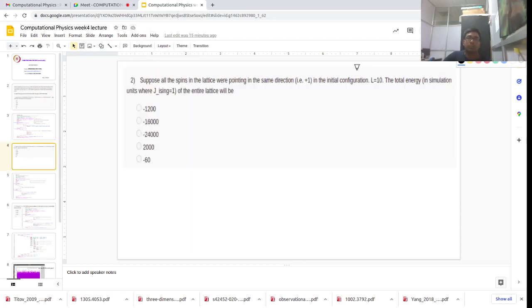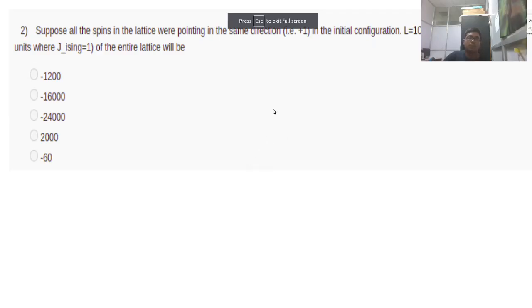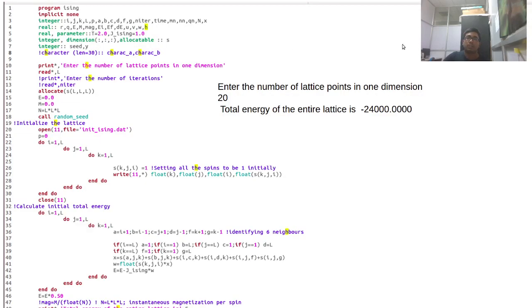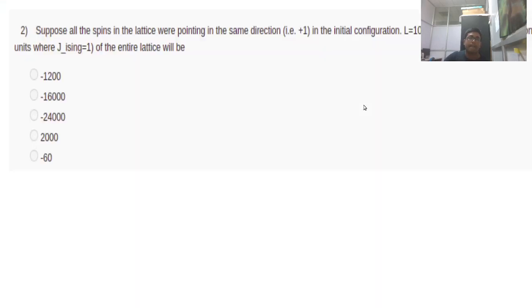So the next question is telling us that suppose all the spins in the lattice are pointing in the same direction, and in this case this is taken to be +1 instead of -1, right? Sorry guys. So these are +1s.